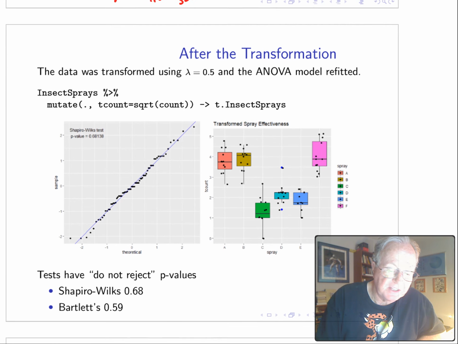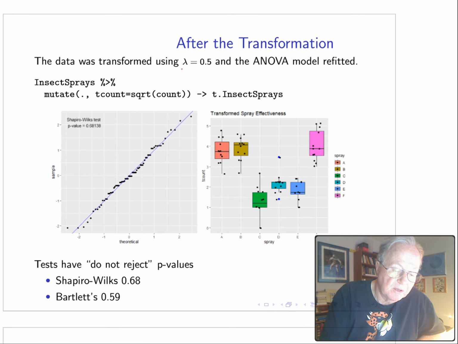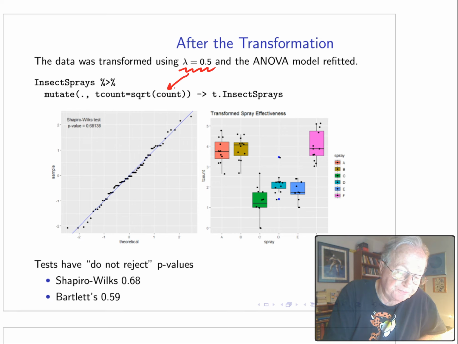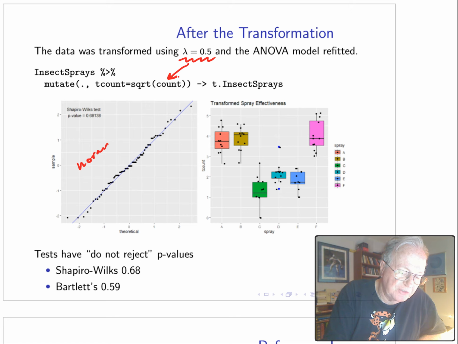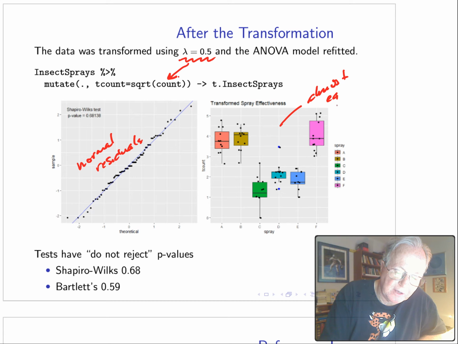So in this case, the data was transformed with lambda equals 0.5. That is a square root transformation. And then it was tested, and wow, normal residuals, almost equal variances.